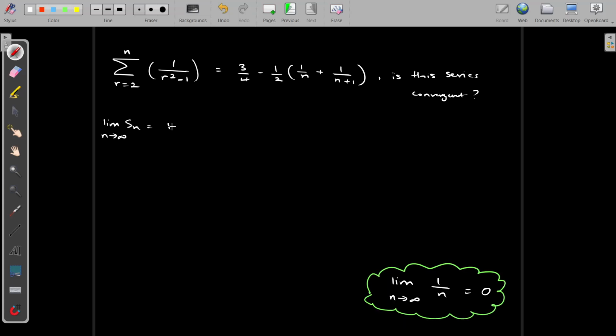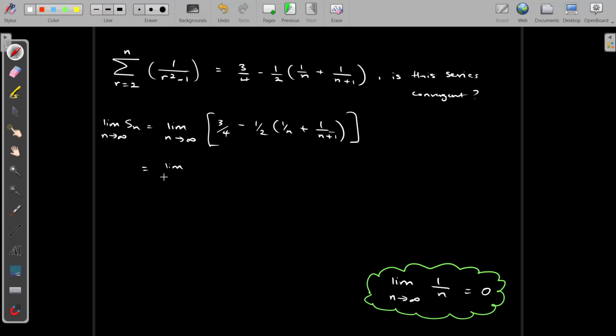This would simply be the limit as n tends to infinity of this entire thing here, 3 over 4 minus a half times 1 over n plus 1. So taking the limit of all of that, I'd have to separate the limit using the sums and differences rule.